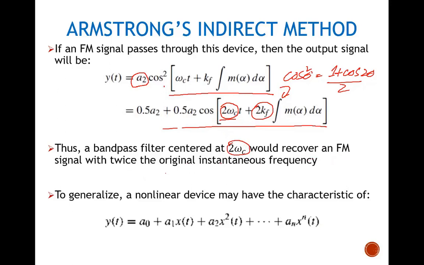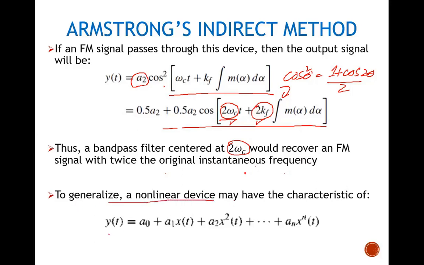So this is the way we can use a nonlinear device to multiply the frequency of narrowband FM to obtain wideband FM. It's wideband because not only the frequency, but the deviation is also multiplied by 2, or whatever factor the nonlinearity has. So let's generalize this nonlinear device.